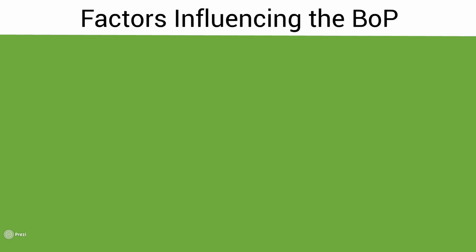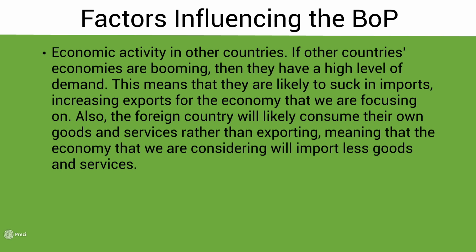Another factor influencing the balance of payments is the economic activity in other countries. If other countries' economies are booming, then they have a high level of demand. This means that they are likely to suck in imports, increasing exports for the economy that we are focusing on.